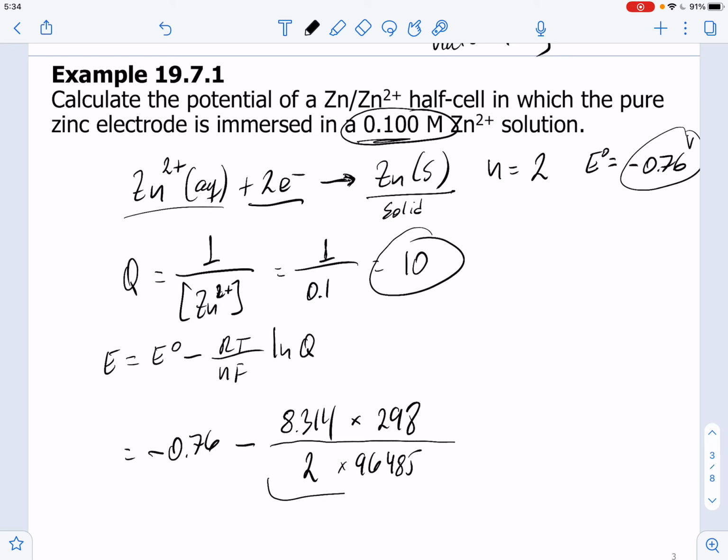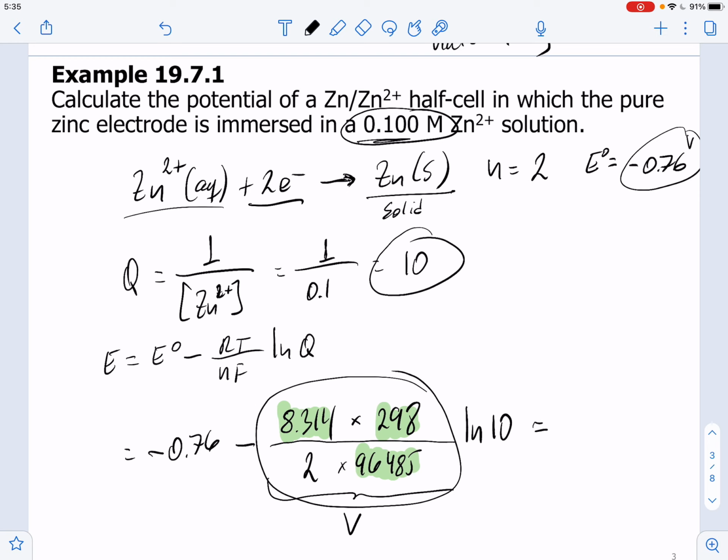Trust me, as long as you use 8.314, 298 and 96,485 here, the units of that whole fraction are volts, because the logarithm of 10 has no units. When you complete this operation, you will obtain minus 0.79 volts.